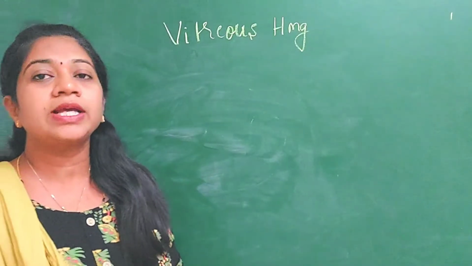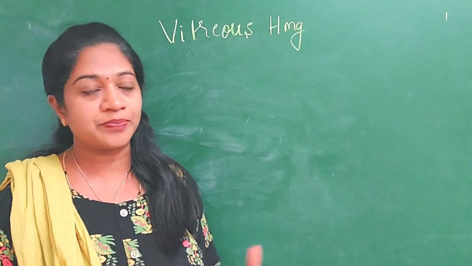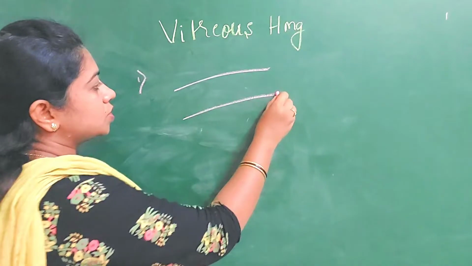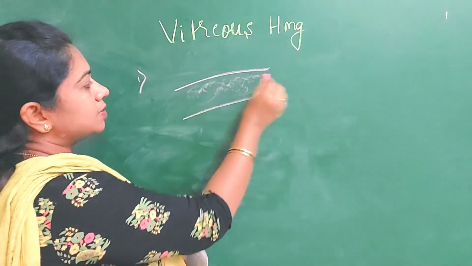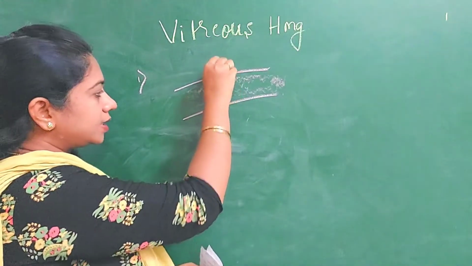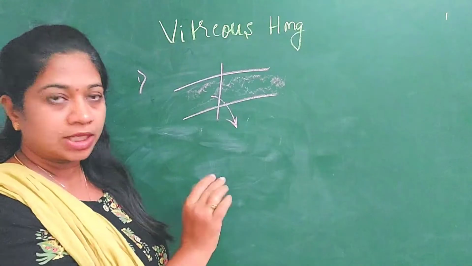The next question is why there should be a bleed into the vitreous cavity, that is, how vitreous hemorrhage occurs. As you all know, we have blood flowing in the blood vessels of the retina. If there is a direct trauma to this blood vessel, the blood can seep into the vitreous cavity. That is one mechanism.